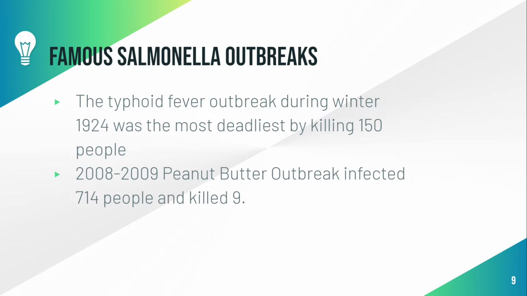Here are some famous and big outbreaks that have happened in recent times. The typhoid fever outbreak during the winter of 1924 to 1925 was one of the deadliest foodborne illness epidemics in U.S. history, killing about 150 people and striking terror throughout the eastern United States.